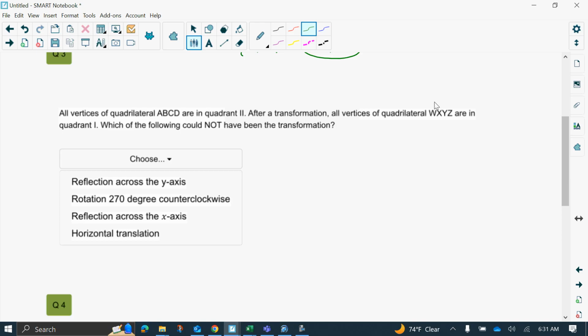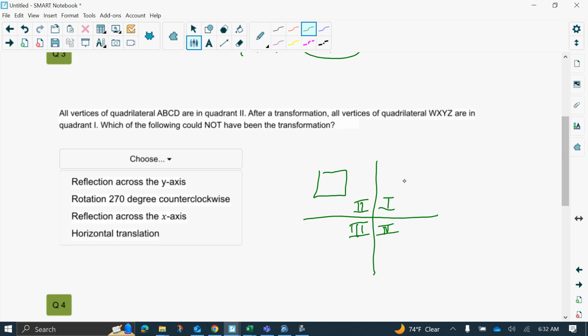All vertices of quadrilateral ABCD are in quadrant 2. Well, if they're in quadrant 2, that means they're over here. Now, we want them to end up over here in quadrant 1. Okay?